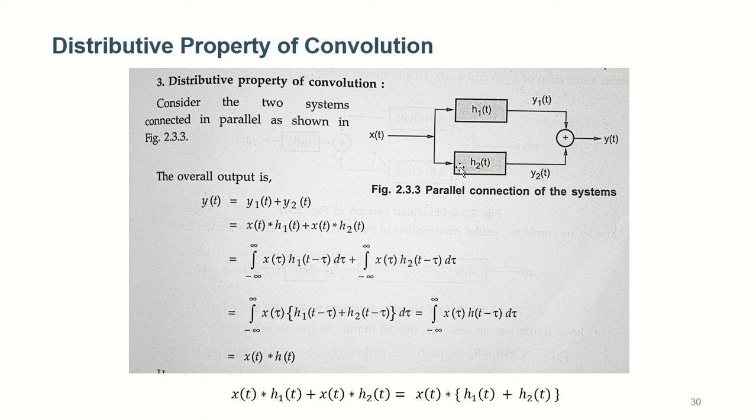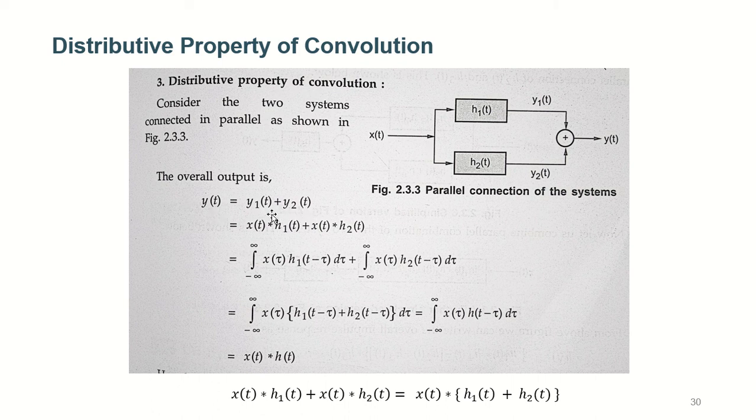In both we are feeding input x of t, and we are getting output y1 of t from the system h1 of t, and we are getting y2 of t from system h2 of t, and we are adding both of these outputs, and we are getting the combined output y of t. So for this system, we have to find the distributive property of convolution. Our overall output in the parallel connection will be the addition of both of these systems.